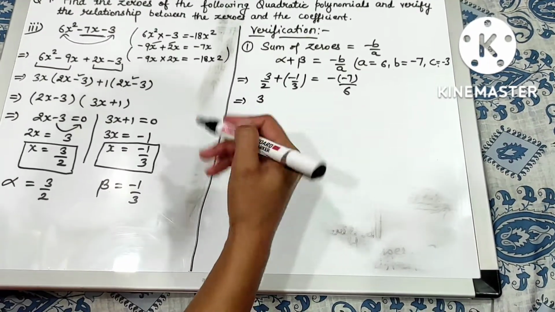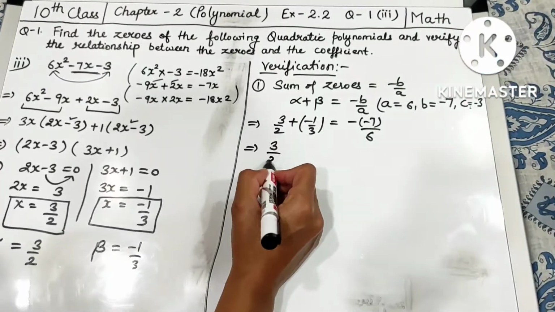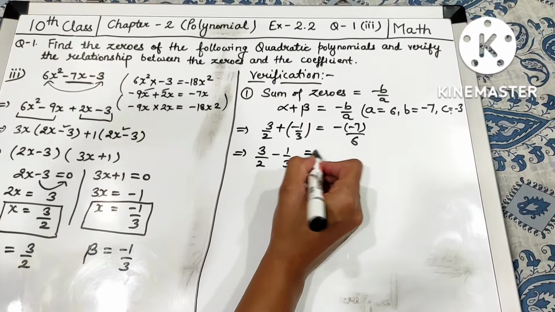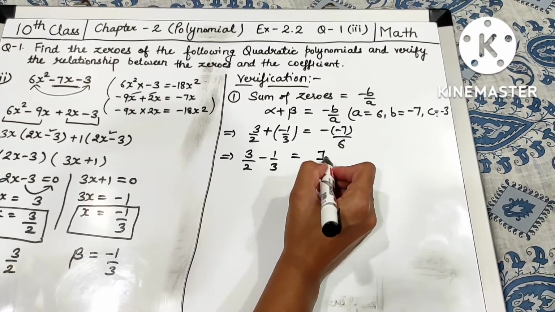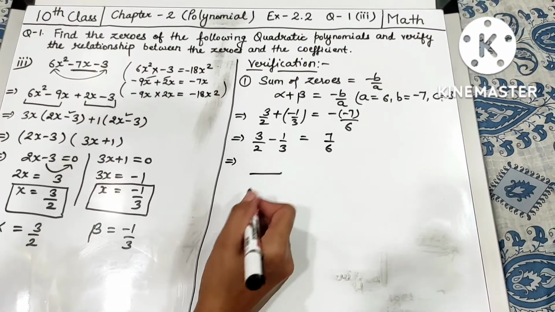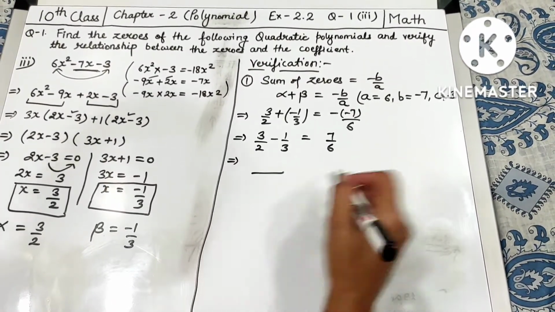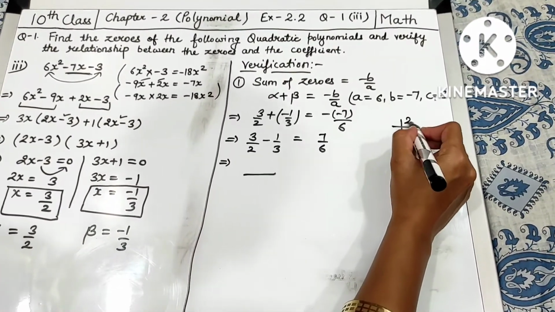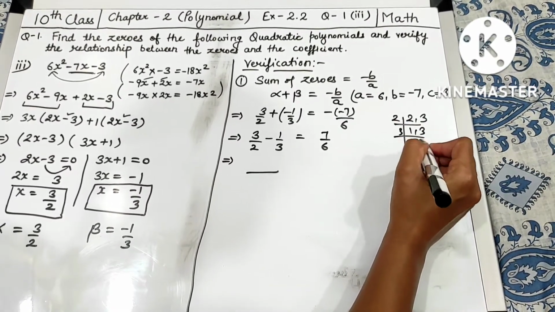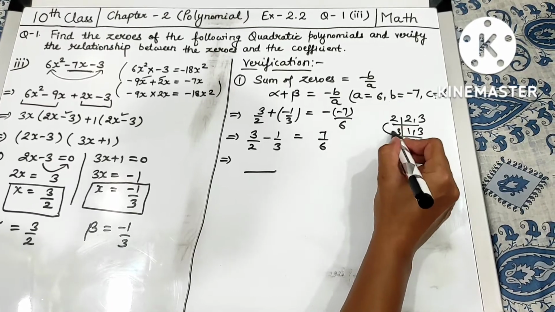After that we will do other operations. 3 by 2 plus minus 1 by 3 is equal to minus minus plus 7 by 6. Now we will take the LCM of 2 and 3, then we get 6.